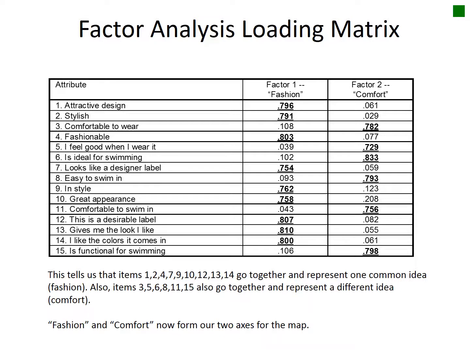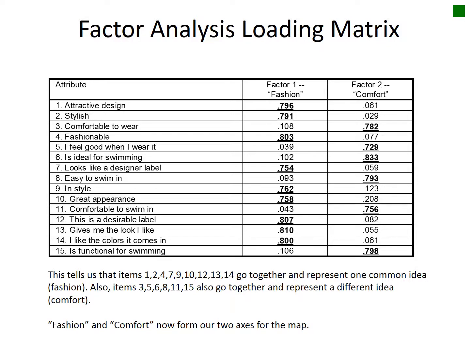These factor loadings indicate which questions fall within which factor. If we look at the factor loadings for the first question, attractive design, there are two factors that have emerged from this data based on the software that was run.